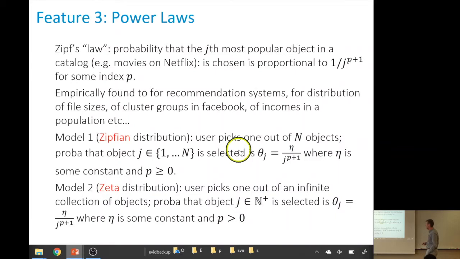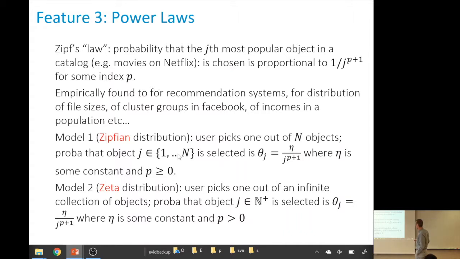Then the answer is it will pick it with a probability theta j, but theta j will not be anything, it will be something proportional to a power of j, where j is the popularity index. So the most popular will have something proportional to 1, the second most popular will have something proportional to 1/2, which means that the second is half the popularity of the first, and the third 1/3, etc.